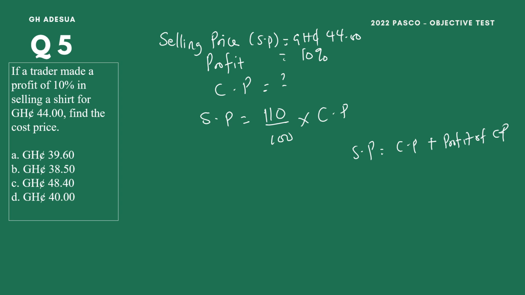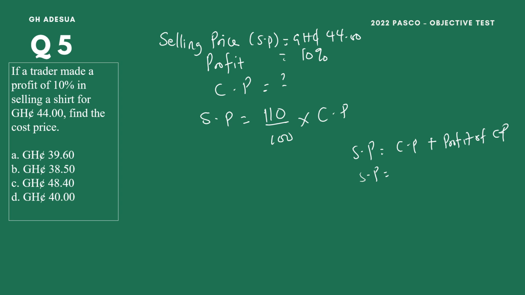And we know that for the selling, if you read through the question, if a trader made a profit of 10% in selling a shirt, that means an extra 10 of the percentage. That is, if at the end of the day to just make 100% profit, he made 10 extra.